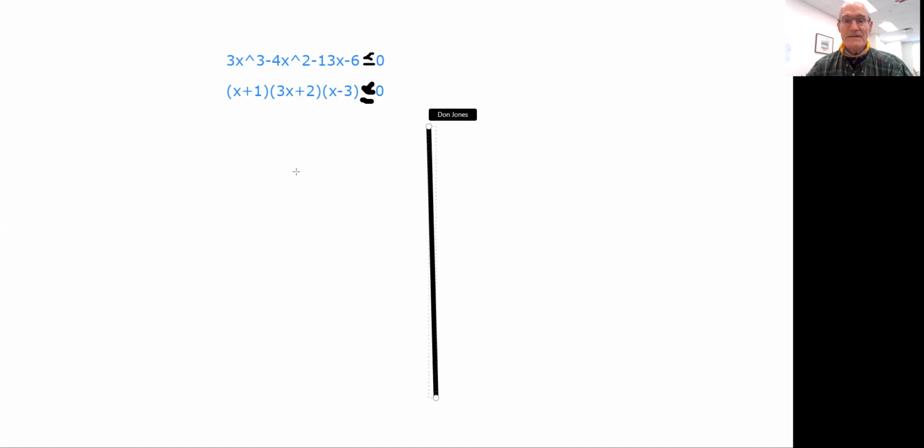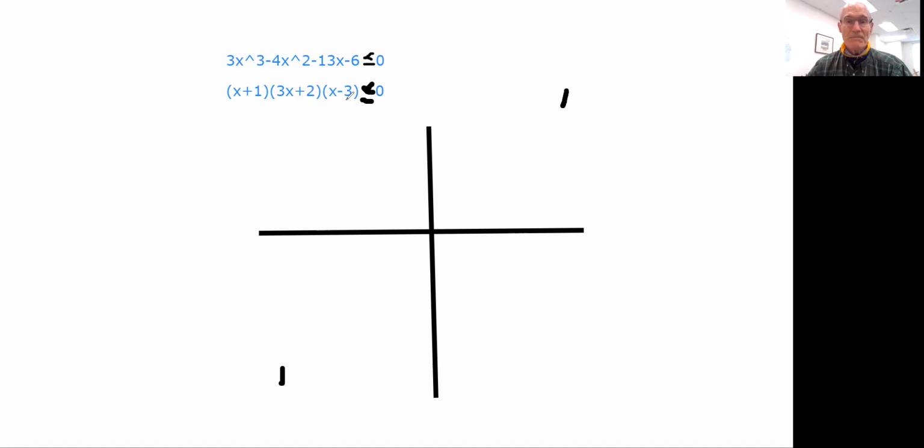This is our axis. Now, we have an intercept here. If we use our endpoint behavior, a third degree function is going to start down here in the third quadrant, and it's going up here into the first quadrant.